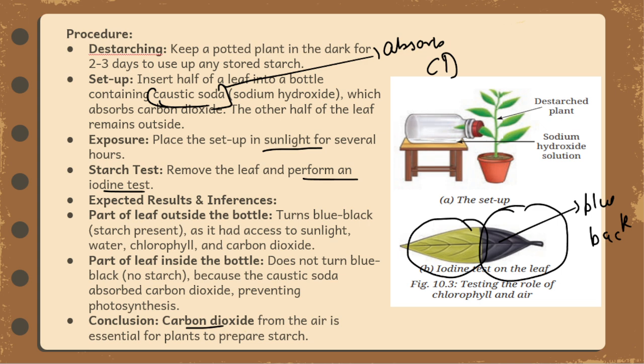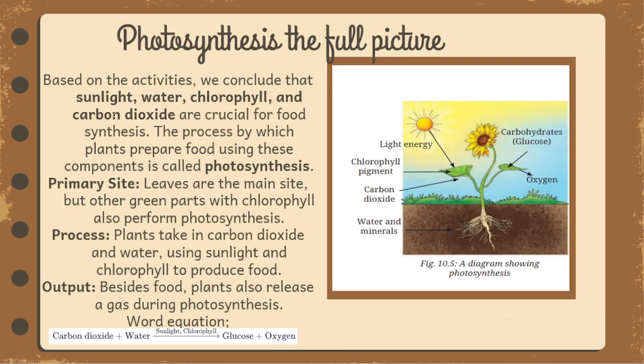Okay, so from all these activities, we've concluded that sunlight, water, chlorophyll, carbon dioxide, these are the components of photosynthesis. The primary sites of photosynthesis are leaves. Leaves are also known as food factories of plants. And how do they synthesize food? They take in carbon dioxide, use water, sunlight, chlorophyll, and produce food.